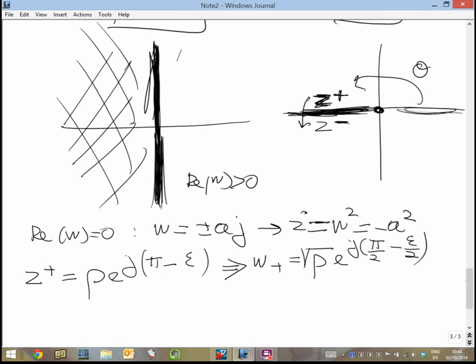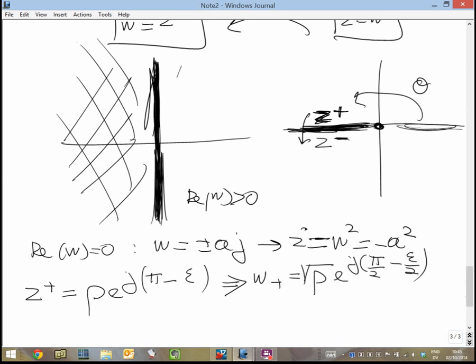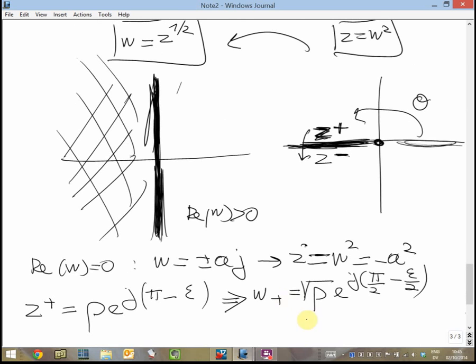Let's see where this ends up in the W plane. So it has a certain magnitude, square root of rho, but we don't care about that magnitude, right? We care about the phase. What is the phase? The phase is pi over 2, so that's 90 degrees, but it's a little bit less than 90 degrees. So this puts us somewhere here for this point W plus.